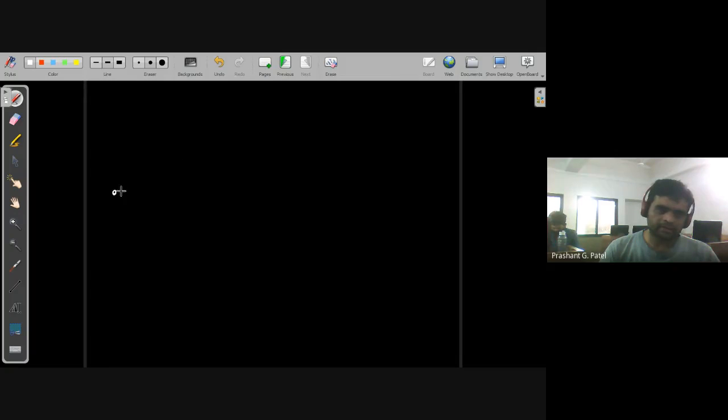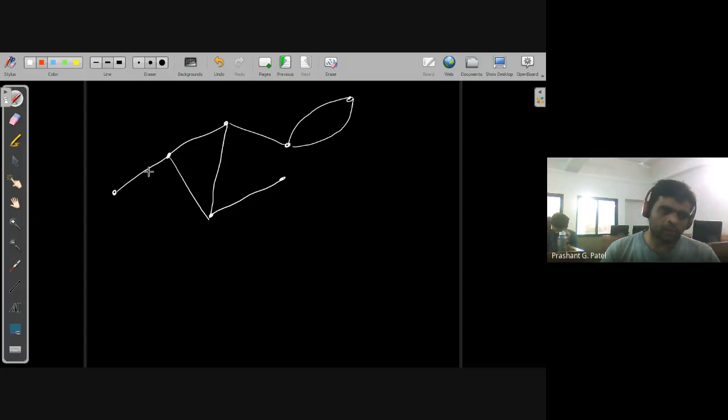Let's say this is V1, V2, V3, V4, V5, and here it is V6. So this is the graph with vertices V1, V2, V3, V4, V5, V6, and this one is V7.